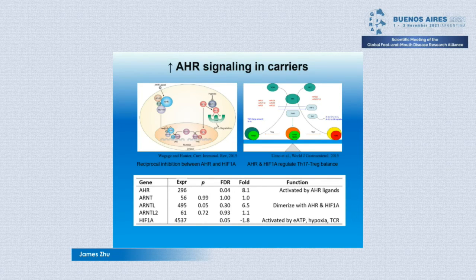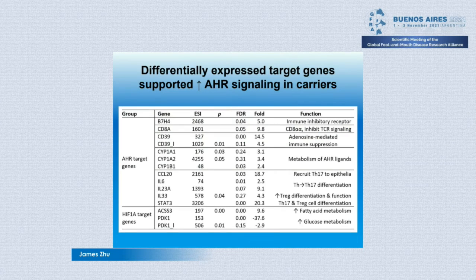AHR expression was significantly upregulated and HIF-1A was downregulated in carriers, suggesting higher AHR signaling activity in carriers than in terminators. Several differentially expressed target genes of AHR and HIF-1A supported increased AHR signaling in carriers.